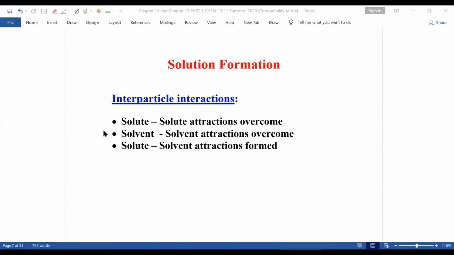And the solvent, like water, is held together in a liquid, and those interactions we call hydrogen bonds. And when you mix the two together, you have to break the solute-solute attractions. They have to be overcome. The solvent-solvent attractions have to be overcome, but you form new solvent-solute attractions.